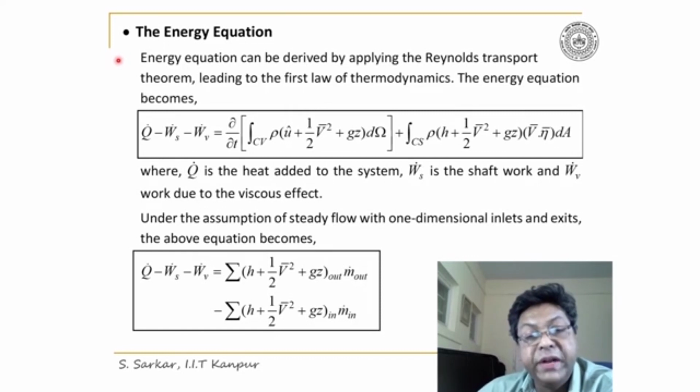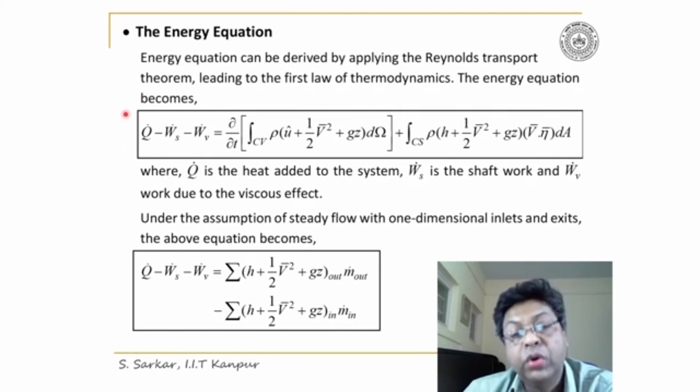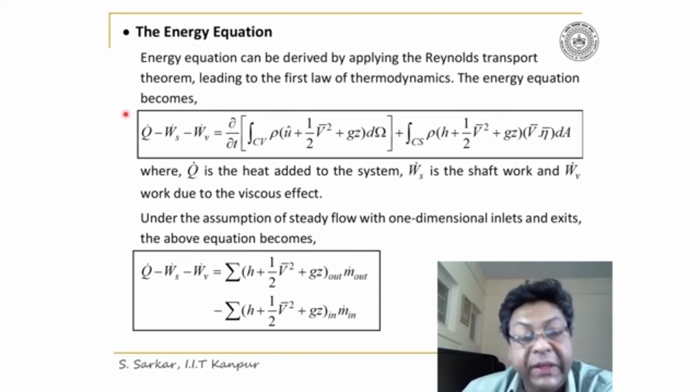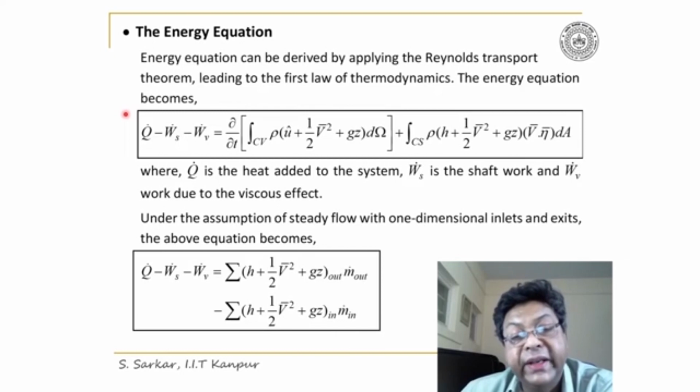Thus, the energy equation can be written as Q dot minus W dot S minus W dot V is equal to del/del t of the volume integral of rho (u plus V squared by 2 plus g z) d omega plus the surface integral of rho (h plus V squared by 2 plus g z) V dot n dA, where Q dot is the heat added to the system, W dot S is the shaft work, and W dot V is the work due to the viscous effect.